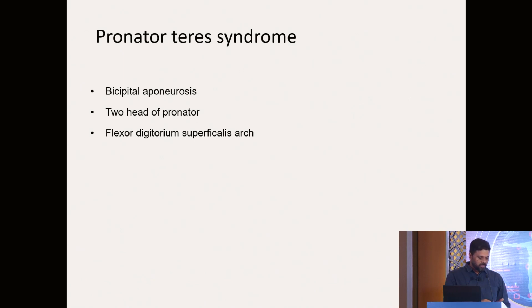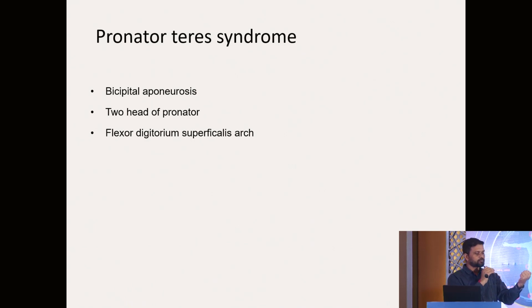As I told, this is the bicipital aponeurosis. These are the entrapment sites: two heads of pronator and FDS superficial arch. To look for entrapment at the bicipital aponeurosis, ask the patient to make a flexion and you apply the opposite direction force.